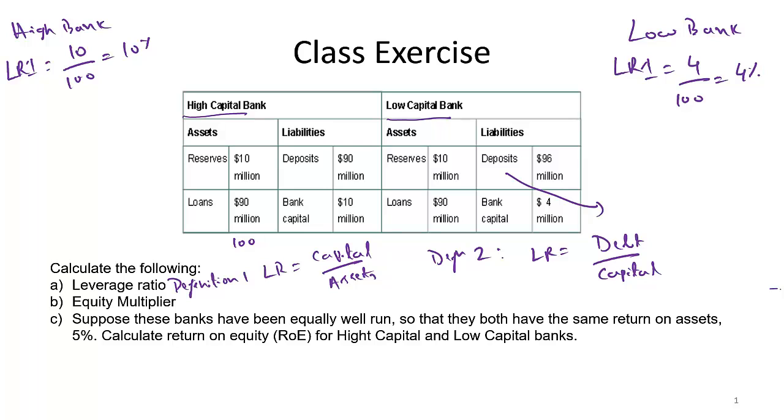Let's now take definition 2, which we call LR2. How much is the debt for the high capital bank? $90 million. How much is the capital? 10, which means 9. By the same definition for the low capital bank, this is 96 over 4, which gives you 24.